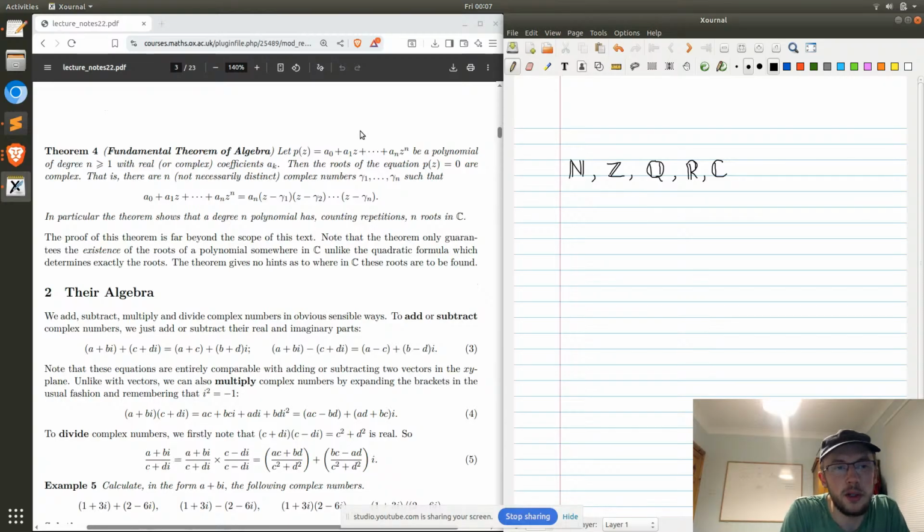Now we come to the fundamental theorem of algebra. Let P of z be a polynomial of degree greater than or equal to 1 with real or complex coefficients. In the FTA, I might be imagining that P of z, for example, looks like this.